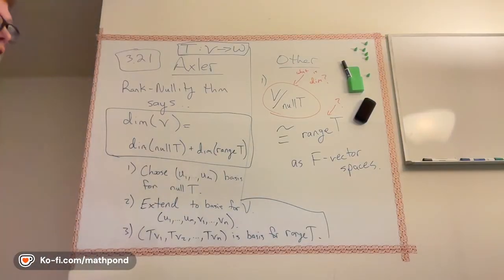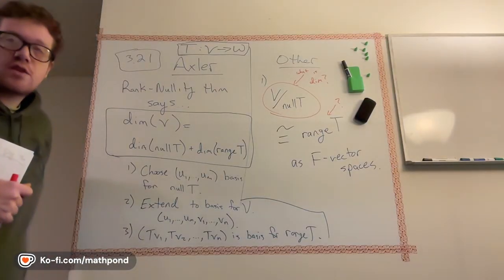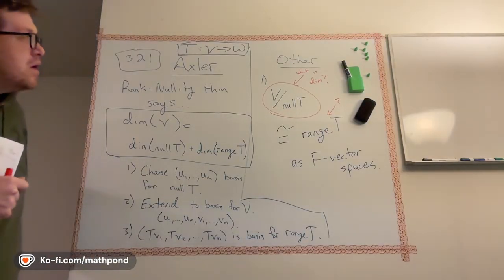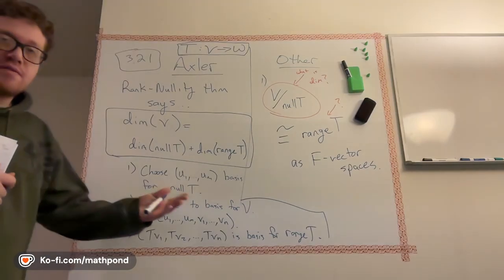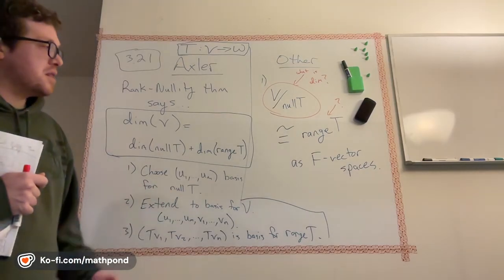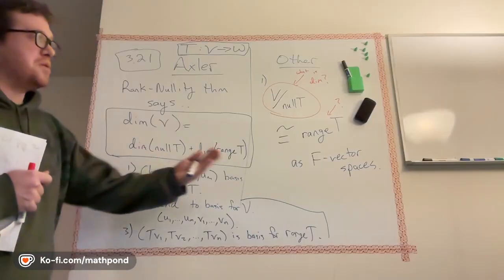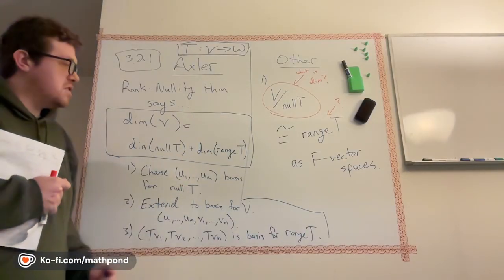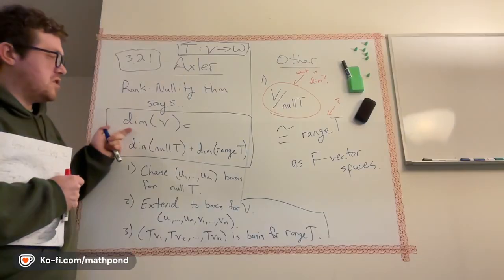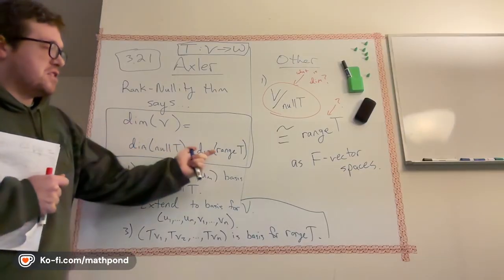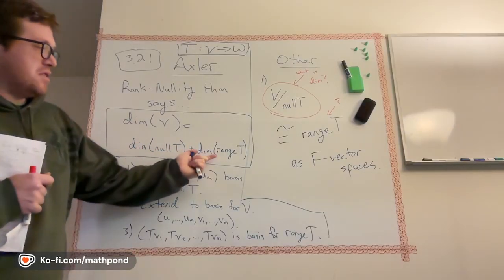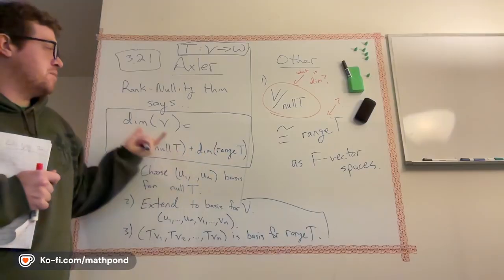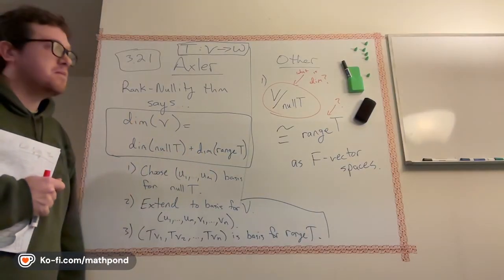Okay, so I think that's good for right now. So two different ways of thinking about this fundamental theorem, but the statement itself doesn't change no matter how you want to think of it. I'm sure there are probably other ways of thinking of it as well. The statement, though, is just that the dimensions add, that the dimension of the null space and the dimension of the range add up to be the dimension of the domain.